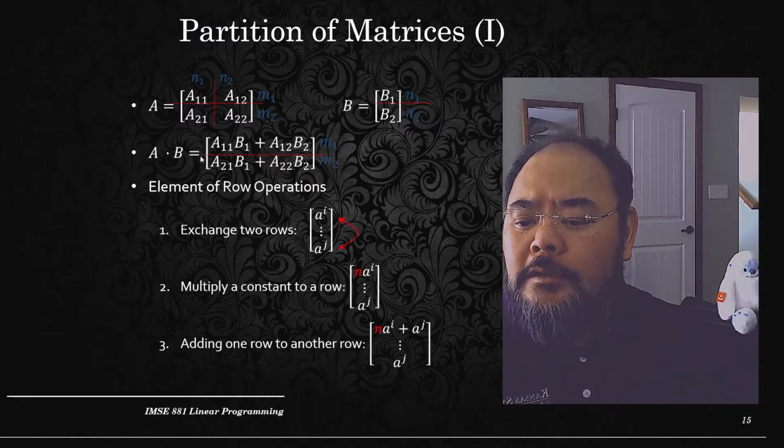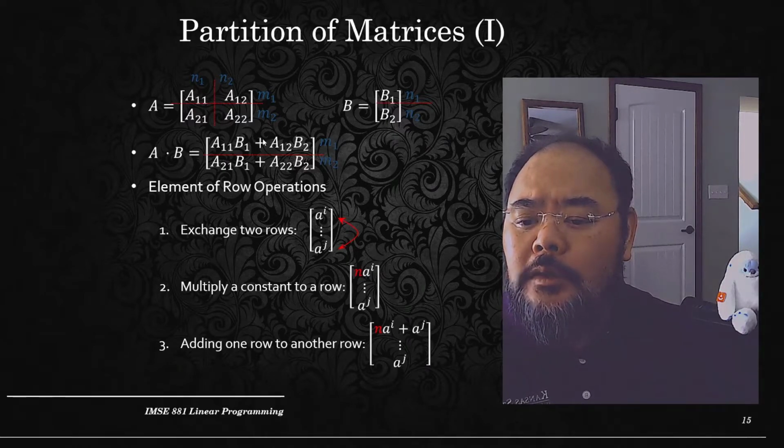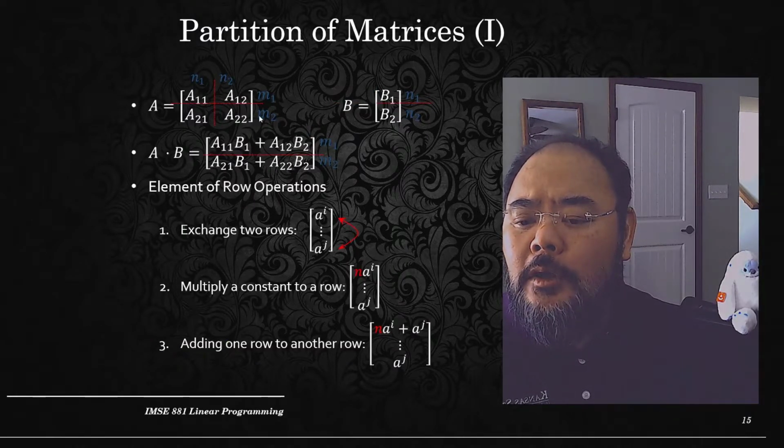So if we multiply them together, it will be A11 times B1 plus A12 times B2. The bottom part will be A21 times B1 and A22 times B2 added together.